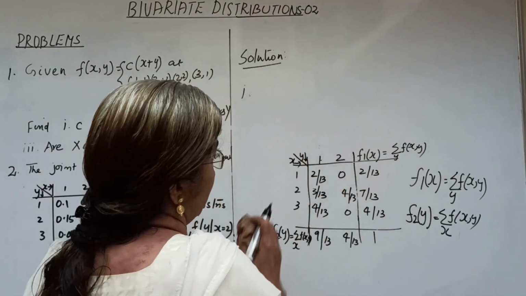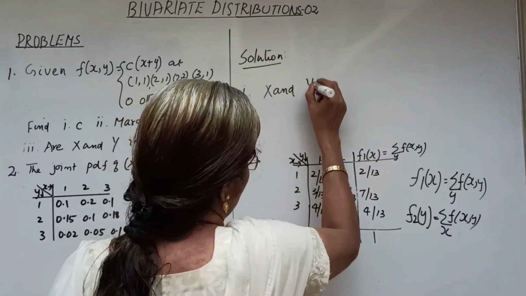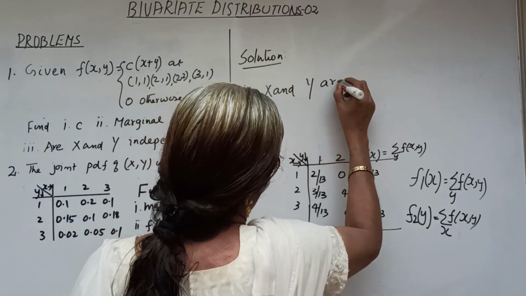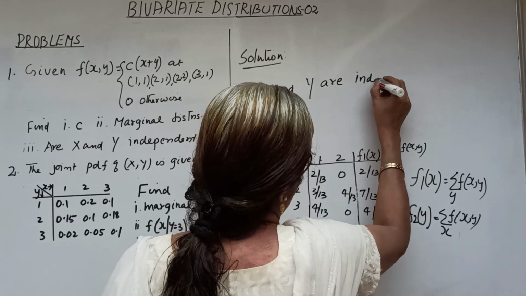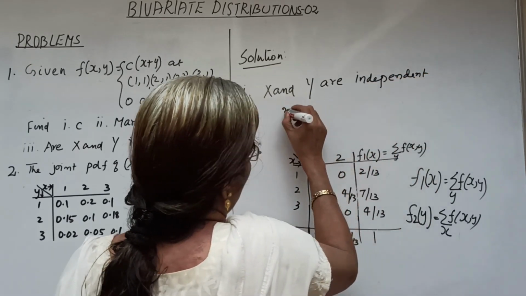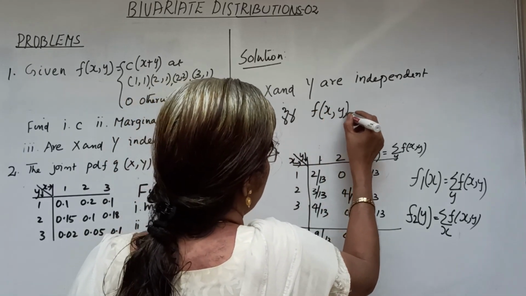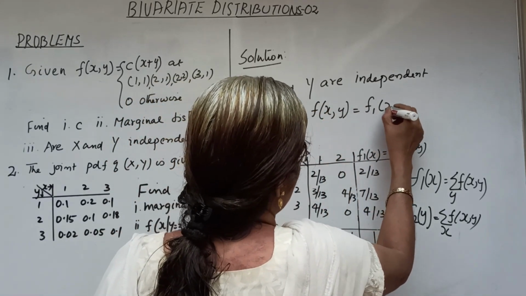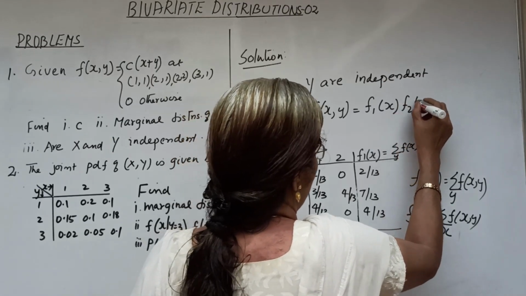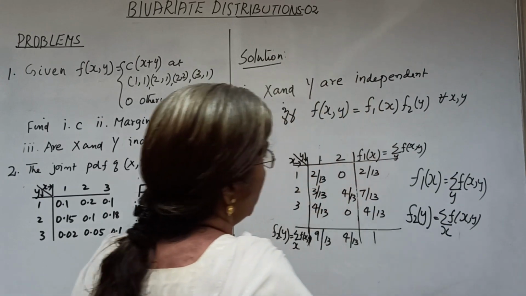The variables x and y are independent if and only if f(x,y) equals f1(x) into f2(y) for all x, y. Okay, let us check.